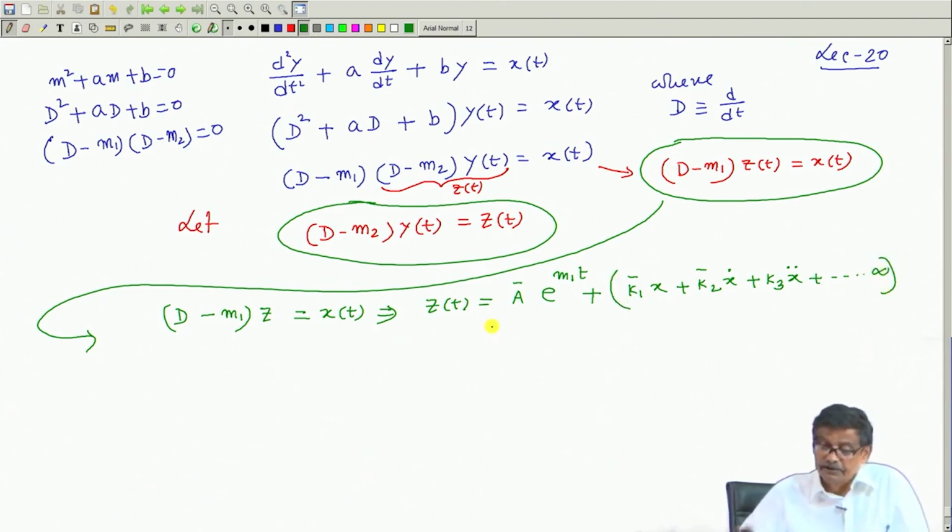That is what we have learned. It is a first order differential equation and z(t) must be this.